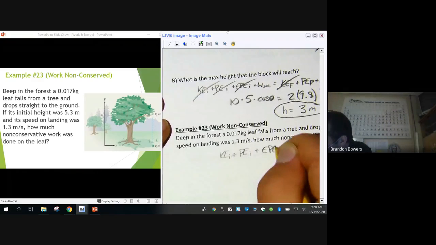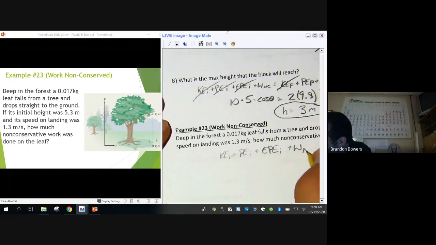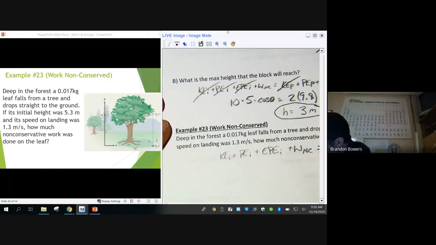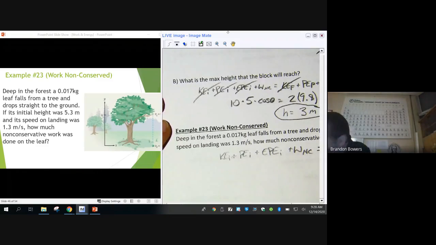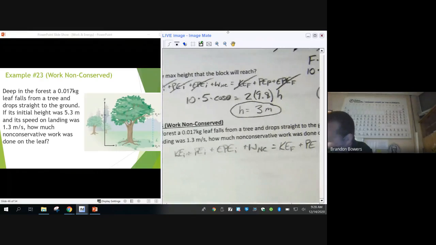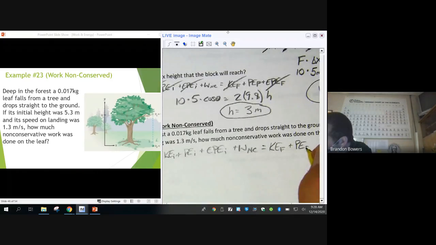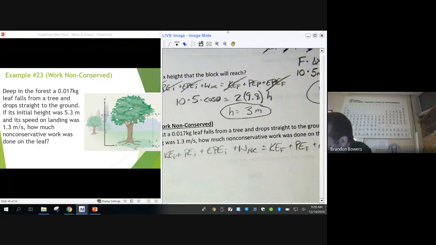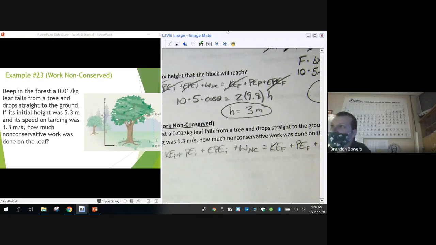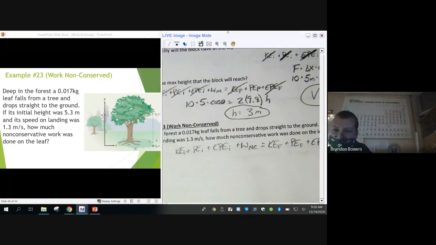All right, so I'm just writing all this out again so we can evaluate it. Kinetic energy final plus potential energy final plus elastic potential energy final. A lot of things in this. I'm going to zoom out so you can see all the things.